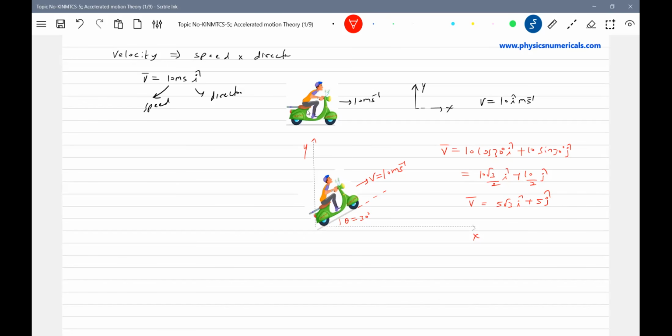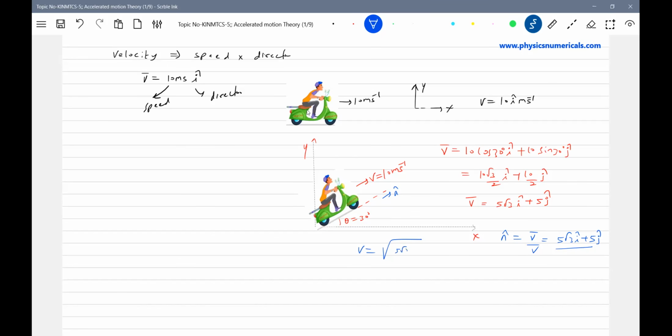What about the direction? It is making an angle. So I want the direction. So there's a unit vector, n cap. Okay, let's define that unit vector. So how to find n cap? n cap is given by v bar by v. v bar we already know. What about magnitude? Magnitude we are going to calculate separately. This should be equal to 10 only.